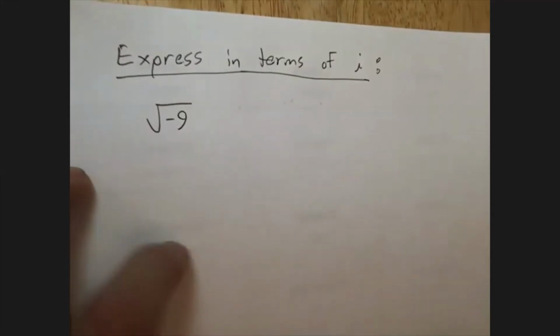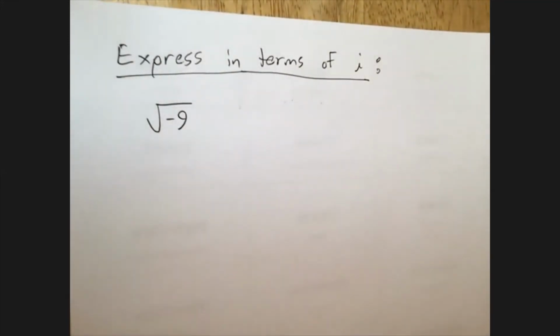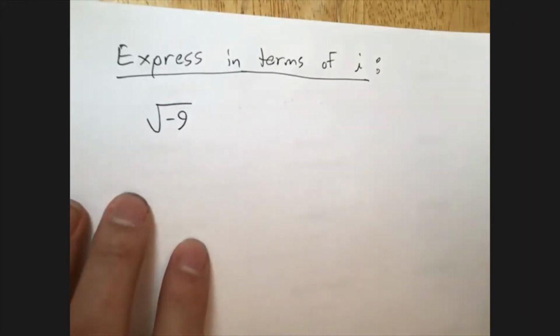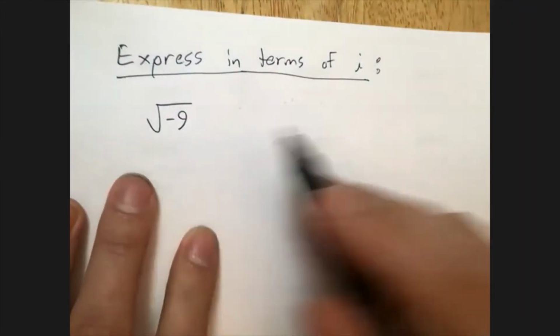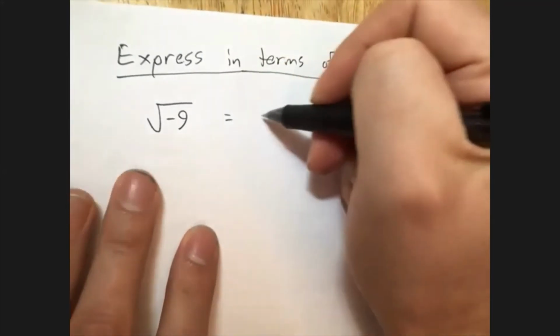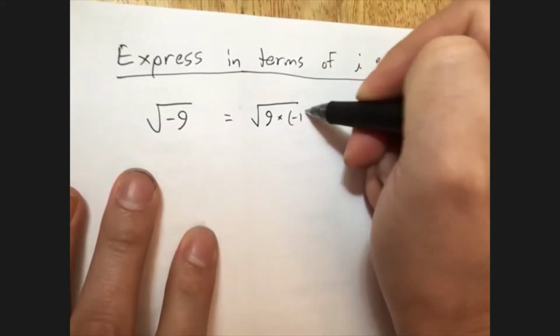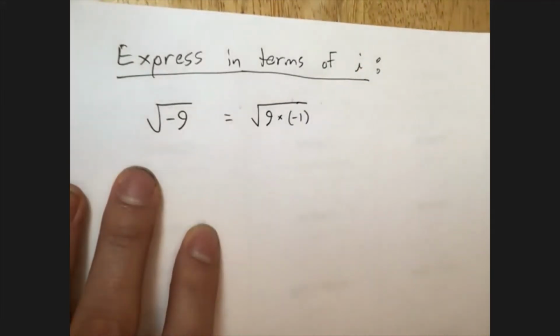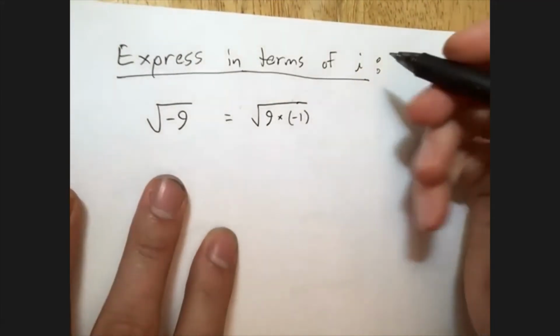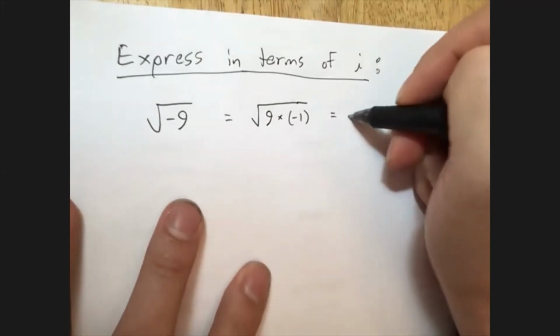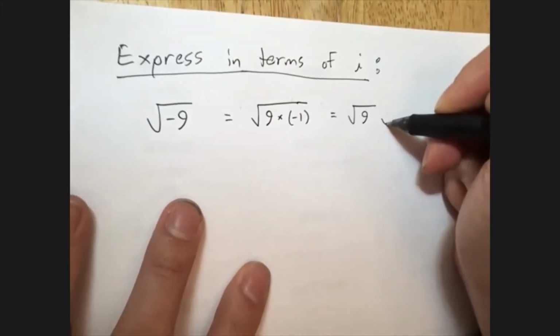So for instance, if I have the square root of negative 9, we used to say does not exist, or not a real number would have been a better thing to say. What we can do now is we can say, well, this is the square root of 9 times negative 1, right? And I know that I can always break apart a radical when I have a product.